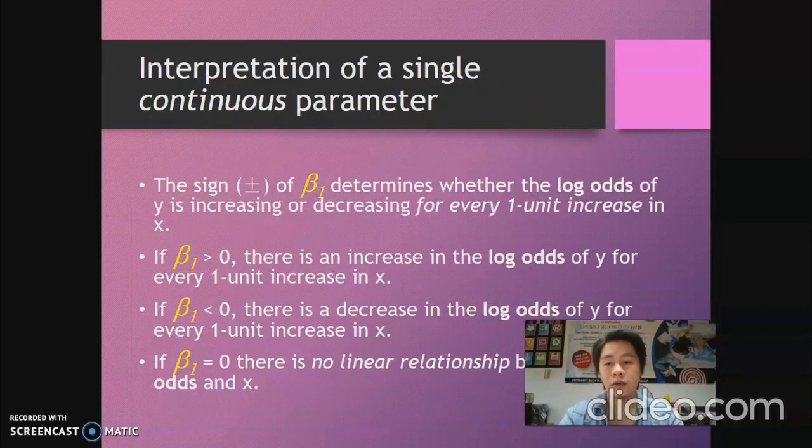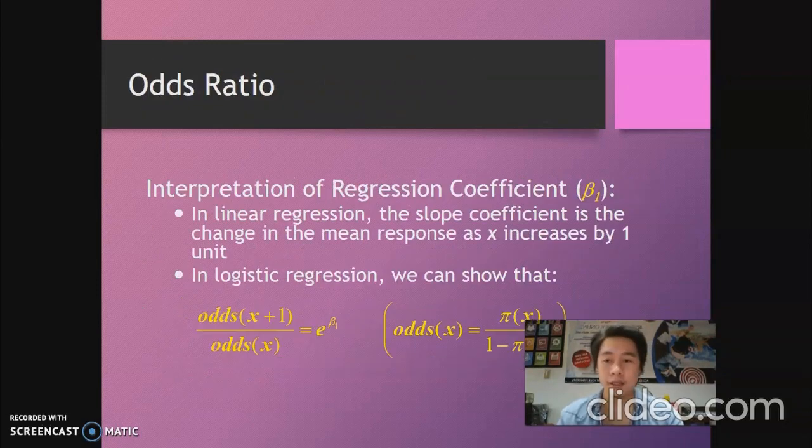For the interpretation of a single continuous parameter, the sign, positive or negative, of coefficient 1 determines whether the log odds of Y is increasing or decreasing for every 1 unit increase in X. If coefficient 1 is greater than 0, there is an increase in the log odds of Y for every 1 unit increase in X. If coefficient 1 is less than 0, there is a decrease in the log odds of Y for every 1 unit increase in X. And if coefficient 1 is equal to 0, there is no linear relationship between the log odds and X.